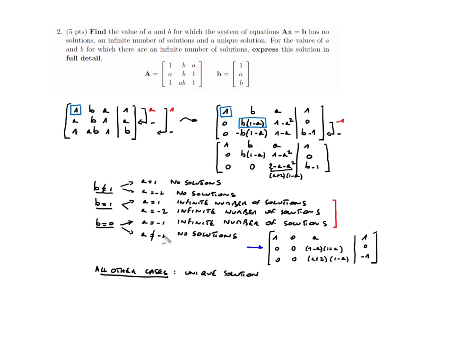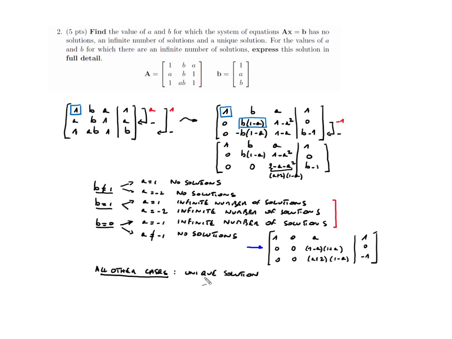But when a is different from -1 and b is equal to 0, then the second equation and the third equation are not compatible. So in these cases we have no solutions. All other cases will lead to a unique solution.